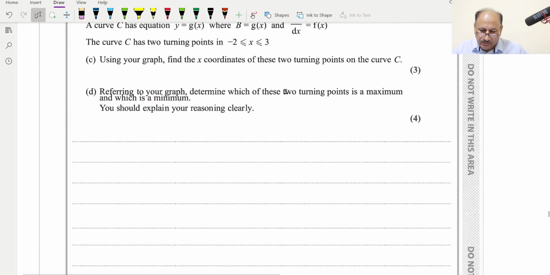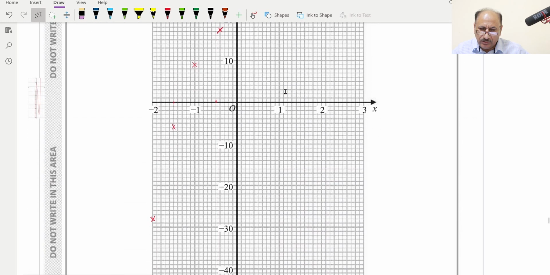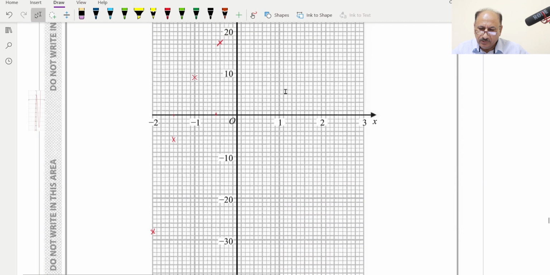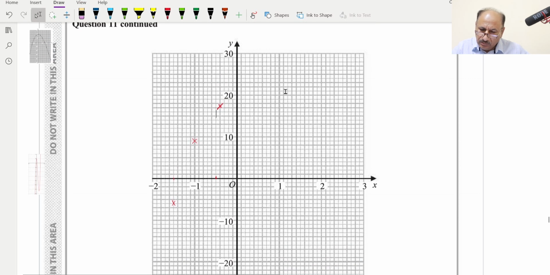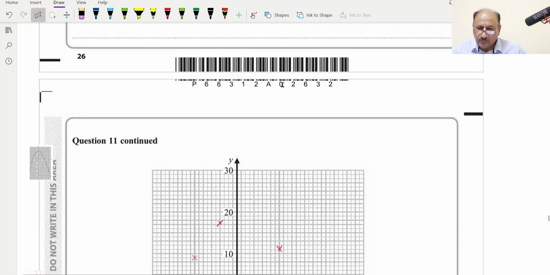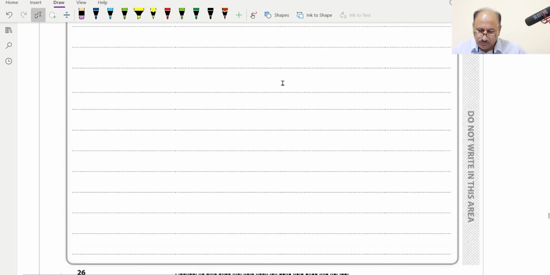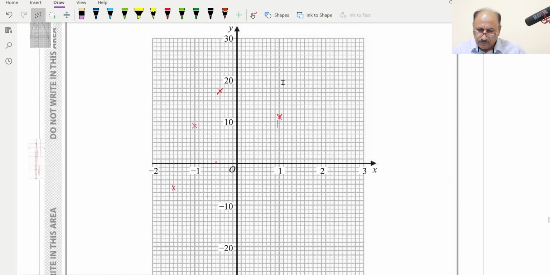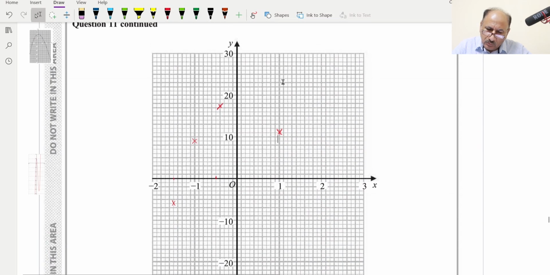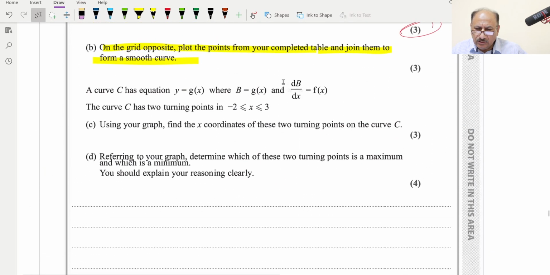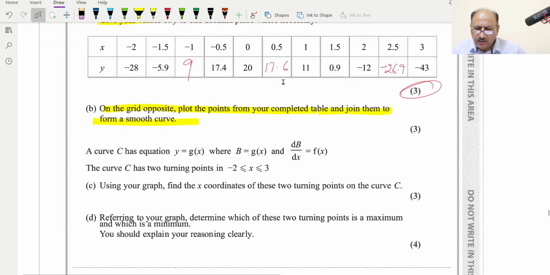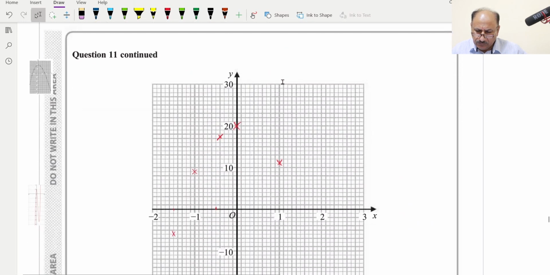So 1 and 11 will be over here. Then there is 0 and 20 also. Basically we missed that one. 0 and 20 will be this point, and next is minus 0.5 and 17.6.